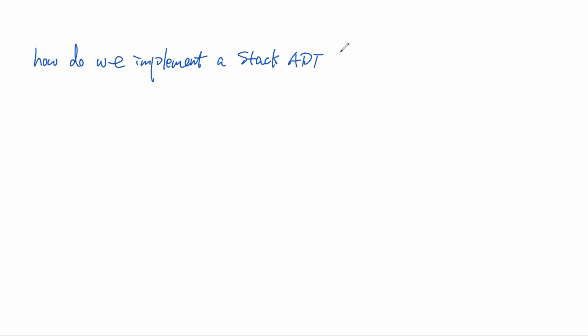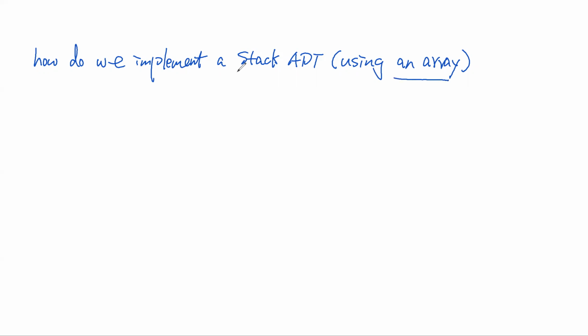Today we are going to use an array to implement it. In the library, there are some other ways to implement it. It can be built from an array list or from a linked list. But what we will discuss here is implementing it using an array.